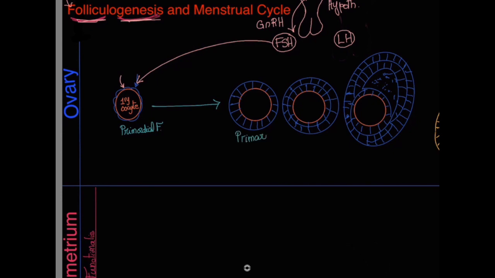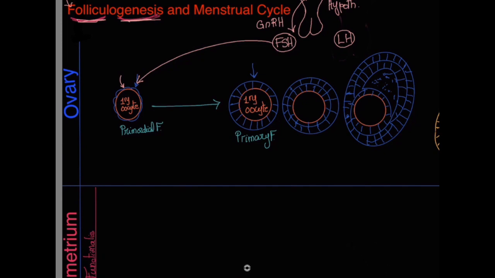You see here, nothing happens to my oocyte. I still have a primary oocyte inside the primary follicle. But rather than having squamous cells surrounding my egg, those cells are going to become cuboidal in shape.